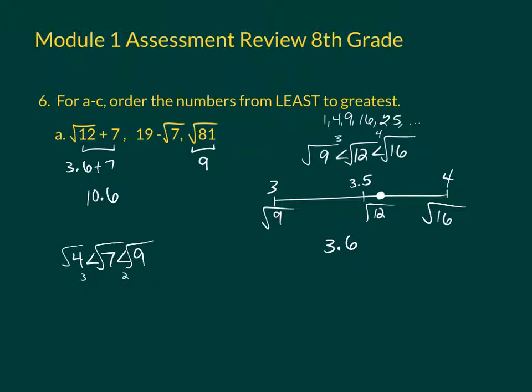So the square root of 4 is 2 and the square root of 9 is 3, so it's in between 2 and 3. I would say it's a little closer to 3 since 7 is closer to 9. So I would say about 2.6 or 2.7 is a good estimate. So 19 minus 2.6, okay, 19 minus 2 is 17.